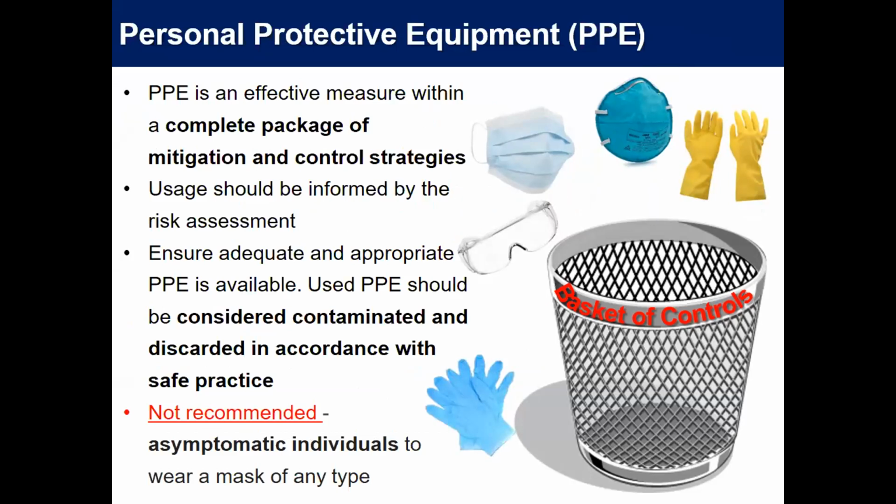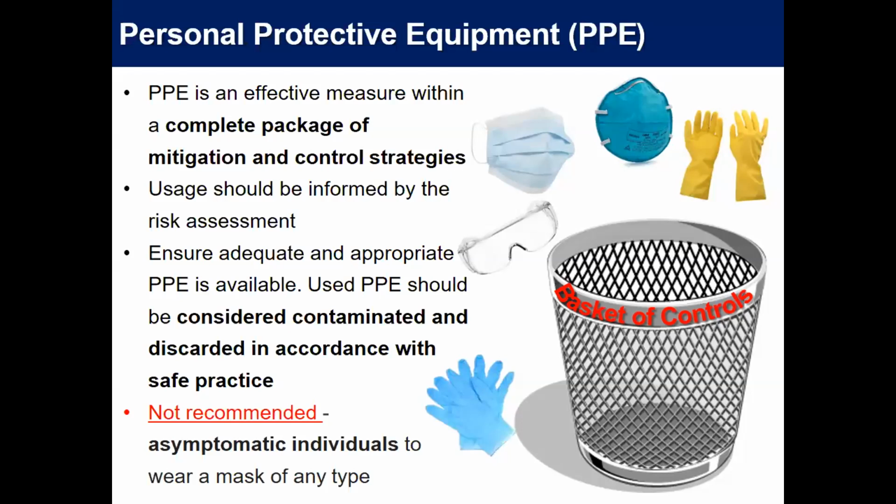In terms of protective equipment, we know that PPE is an effective measure within a complete package of mitigation and control strategies, and then the usage should be informed through the risk assessment, which the colleagues are going to take you through, and then to ensure that within the workplace, if PPE is required, that the appropriate PPE is available to workers. And used PPE should be considered contaminated and discarded accordingly.